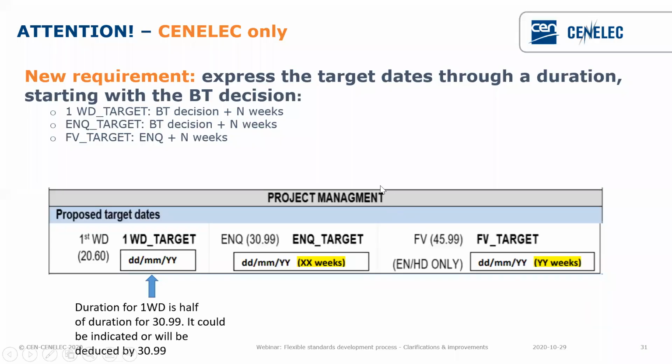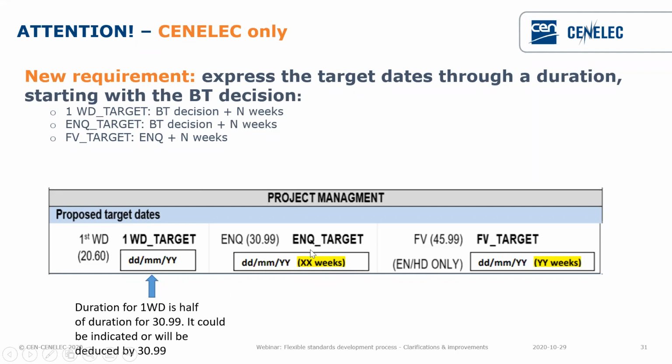Let's fix the target for inquiry as BT decision plus n weeks. It would be much more simple, and the target date for the first working draft, you can indicate, or anyway, it will be easily deduced from the inquiry target dates.